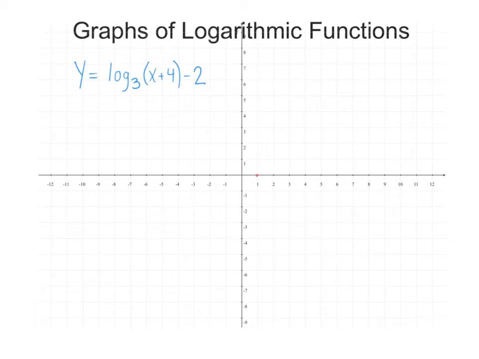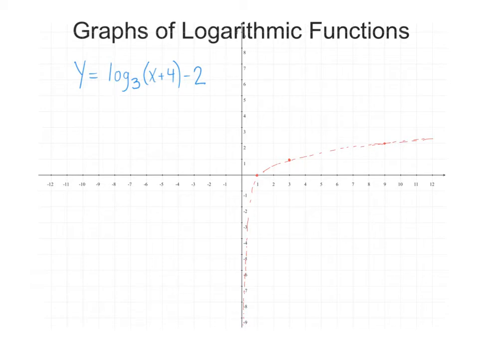Log base 3 of x would go through (1, 0), (3, 1), and (9, 2), and it would have a vertical asymptote at the y-axis. So this is the graph before I do any translations to it. This is just log base 3 of x. My good values are 3 and 9 because those are the powers of 3.